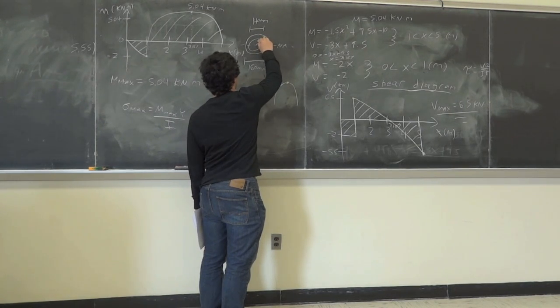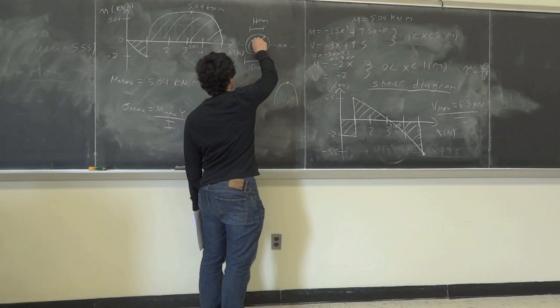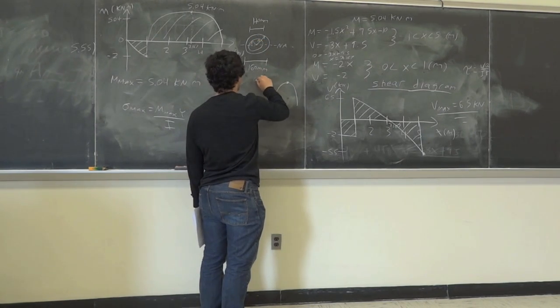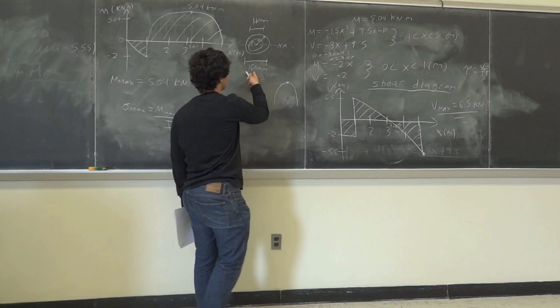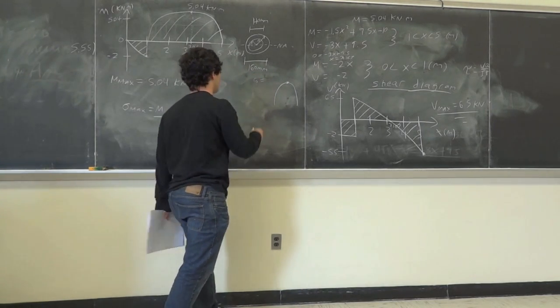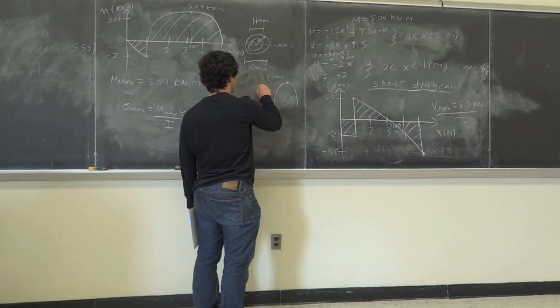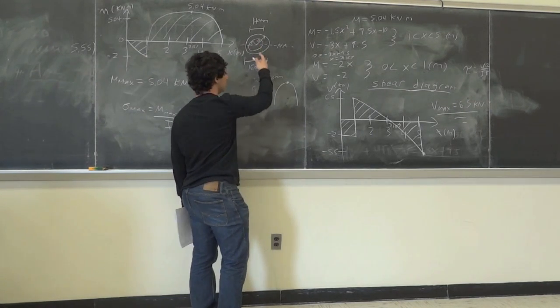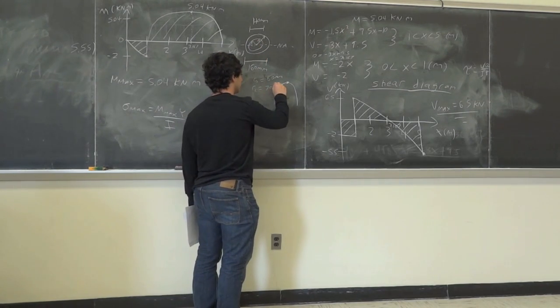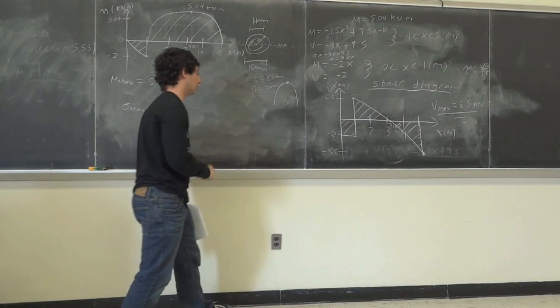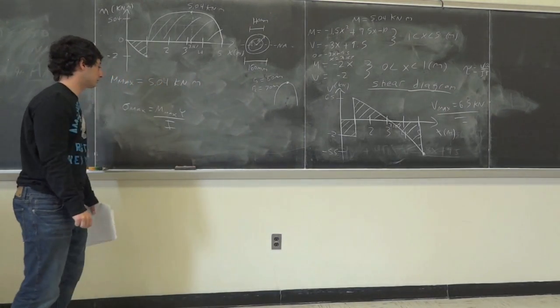This is R, I'll call this R sub 0 for the outer radius. The inner radius is R i. So the outer radius is just 160 divided by 2, so that's 80 millimeters. And R i is equal to 140 divided by 2, so that's 70 millimeters. So you have the inner and outer radius.